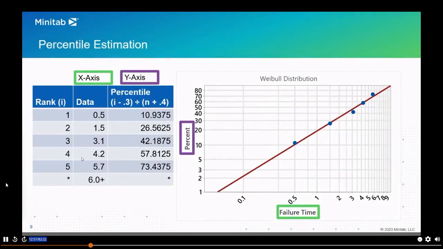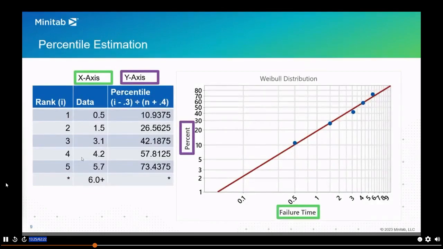So for the first observation, it's 1 minus 0.3 divided by 6 plus 0.4, and if you check my math, you're going to find out that that percentile is 10.9375. So all I'm saying is at 0.5 hours, we can expect about 11% to have failed in our population.